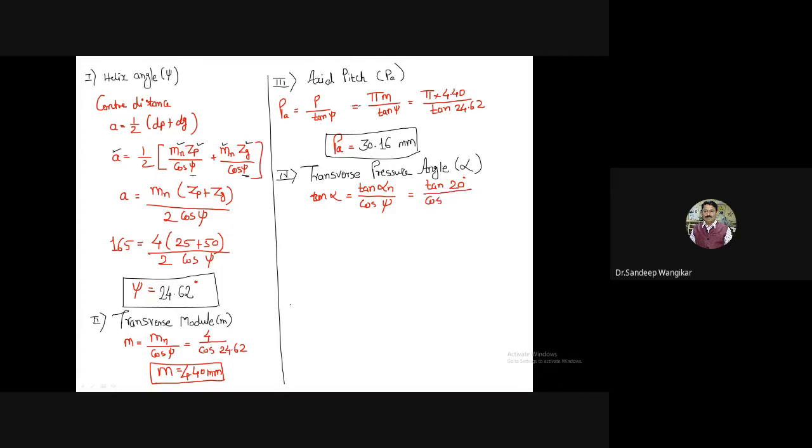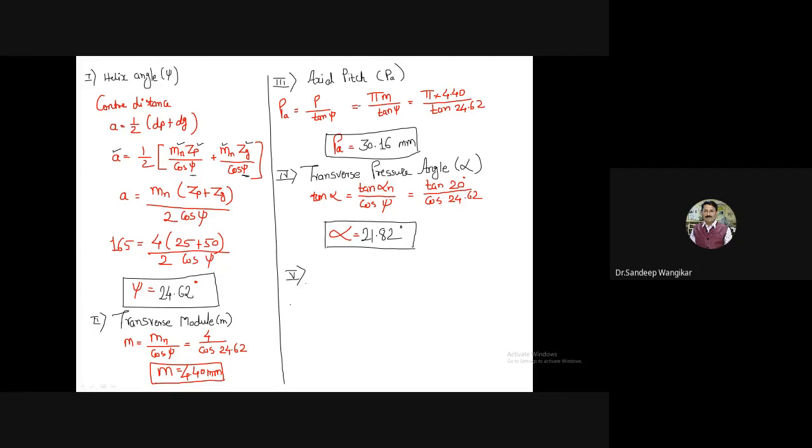You will get alpha is equal to 21.819, 21.82. I will take 21.82. No problem. Okay, next.